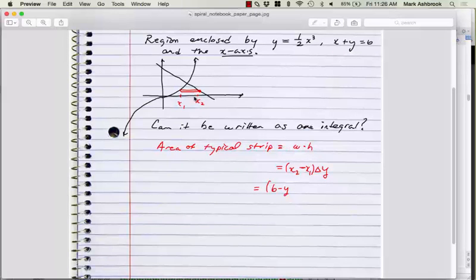We need that x value, and so x is 6 minus y. What is x1? Cube root of 2y. Yep, so we have to solve this for x. I already proved this. You can do it in your head. Good for you. So x is the cube root of 2y.